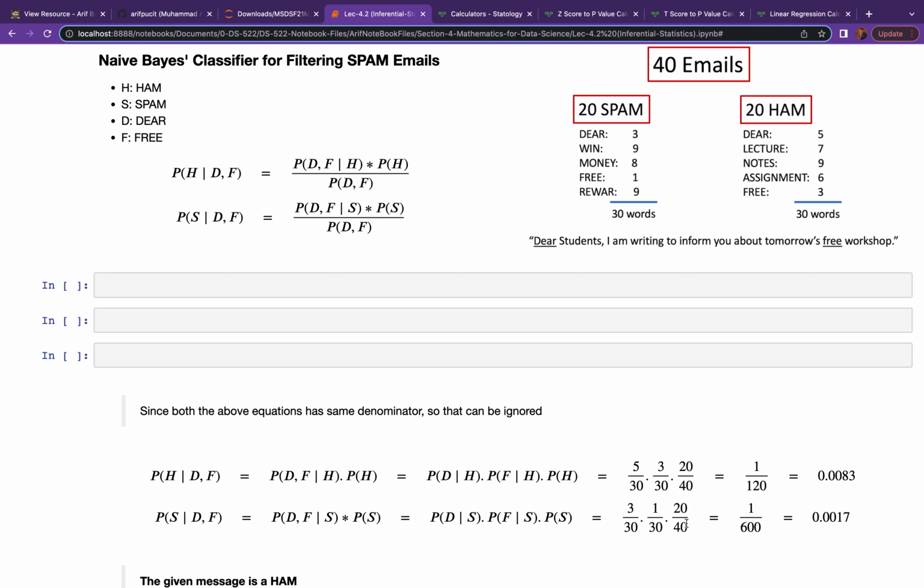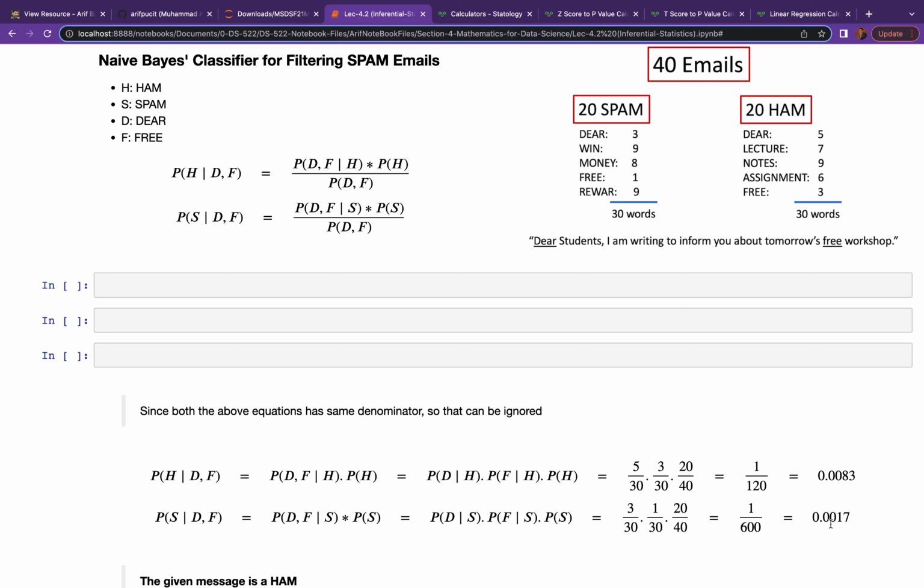So the conditional probability of a message being a ham is 0.0083, while the probability of this message being spam is 0.0017. And therefore, our classification algorithm that uses the naive Bayes theorem will classify the given message as a ham message, as its probability is higher.